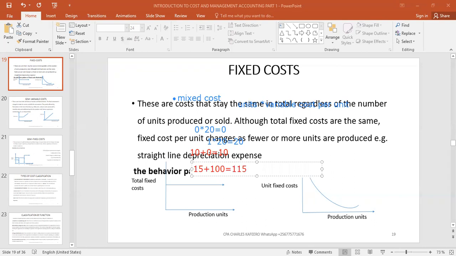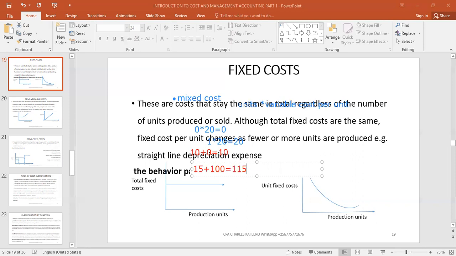This 115 is the new total cost. It would have been 110, but because we had a stepped fixed cost of 5 shillings, it made us incur an extra cost, making 115.